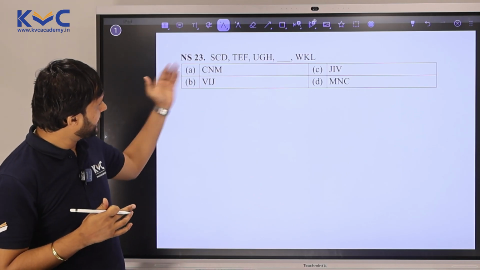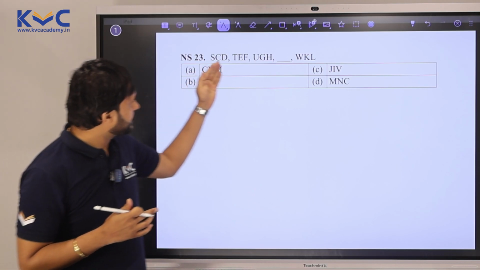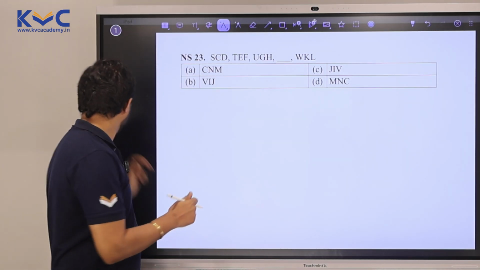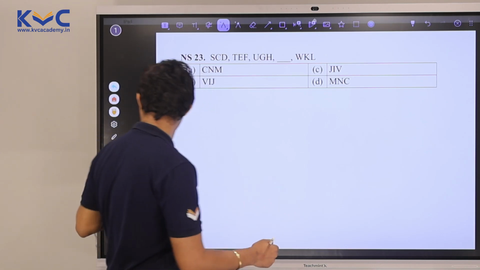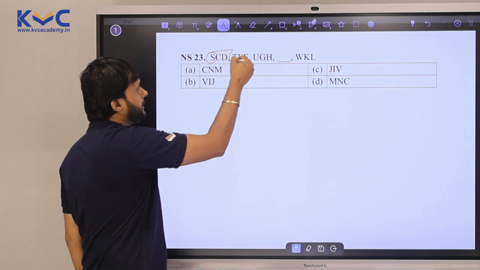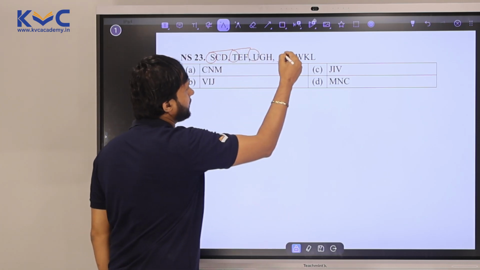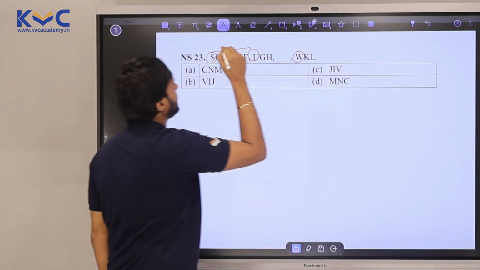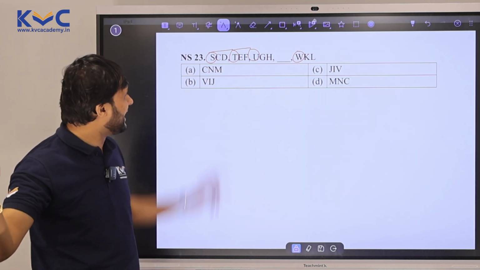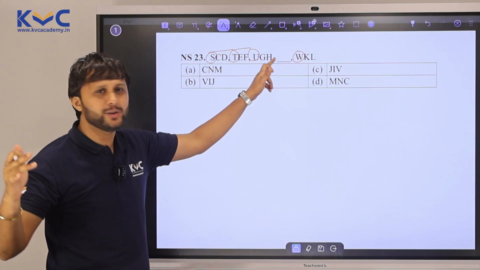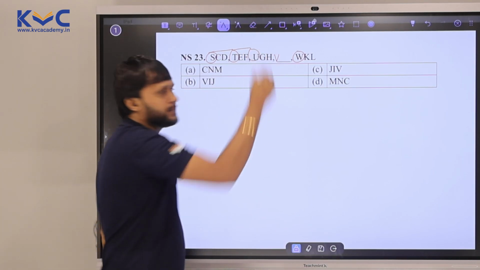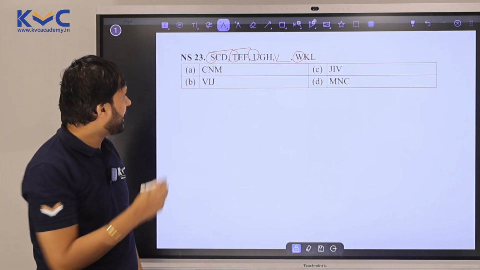If you see the first letters, we have S, T, U, and one is missing, W is there. Let me just highlight that. If you go by the letters M, N, O, P, Q, R, S, T, U, we should get V. The missing letter here is V, then U, V, W, X, Y, Z.